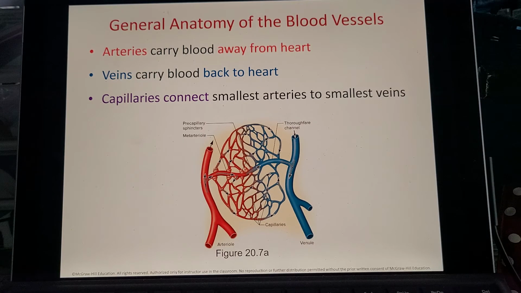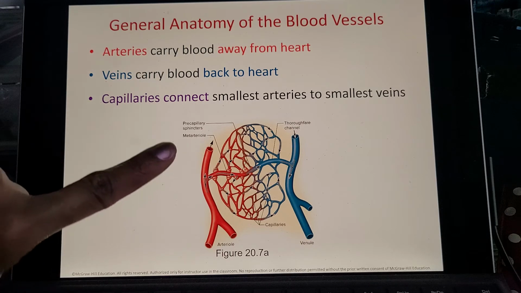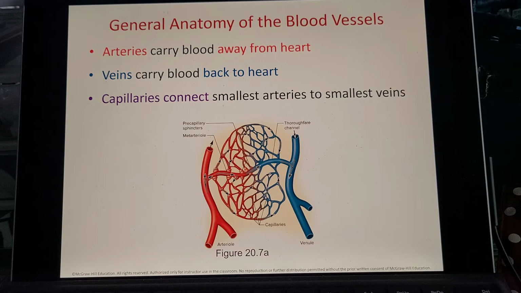This labeling of whether they're arteries or veins does not depend on whether the blood is oxygenated or deoxygenated. Even though in our coloring the oxygen-rich blood is usually red, and blue is considered the deoxygenated blood, remember the pulmonary trunk as well as the pulmonary vein.